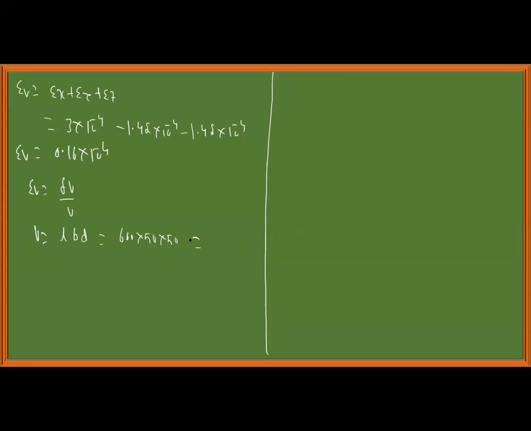Can you tell me the volume? 15 into 10 power 5 mm cube. Yes, epsilon v, 0.16 into 10 power minus 4 into 15 into 10 power 5, is equal to delta V. Tell me what is delta V.